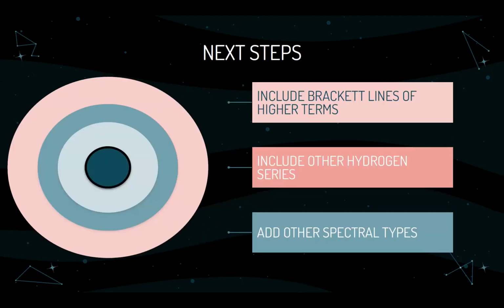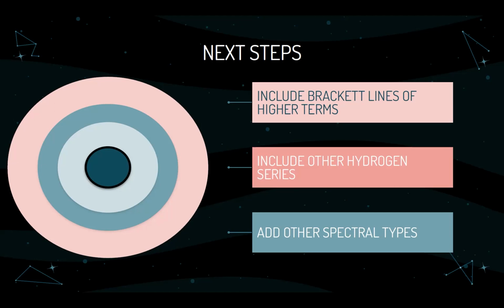And also we want to include other hydrogen series. We started with Brackett because, as we only have up to the 12 level, it was the best option for now. For example, in the Humphreys lines, we start with Humphreys 13, so we cannot properly model the Humphreys lines that we are observing with the current hydrogen model.